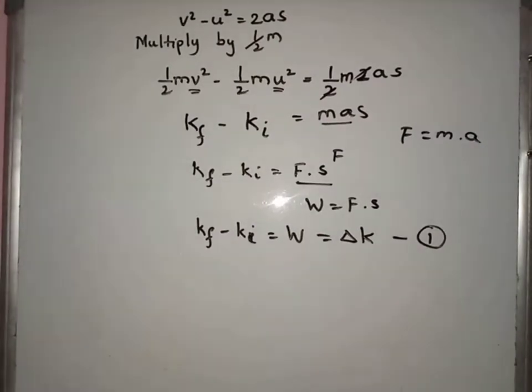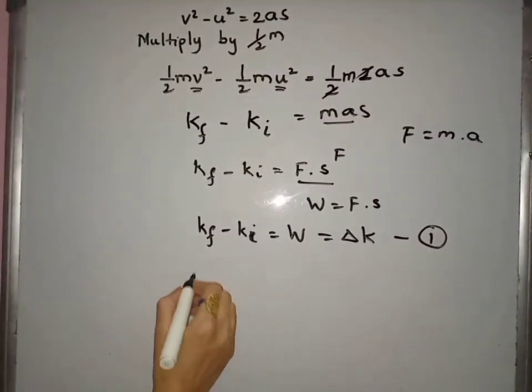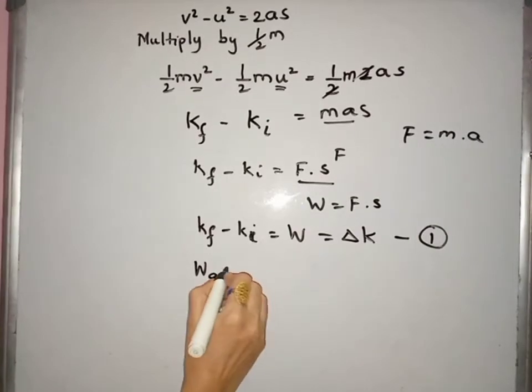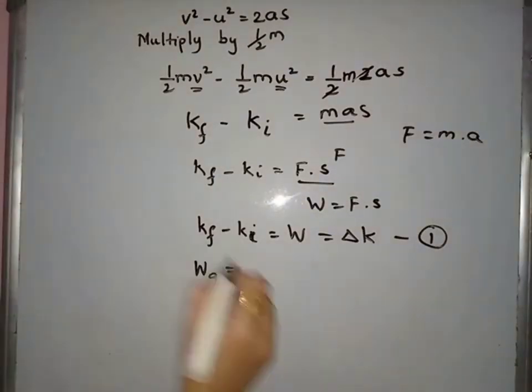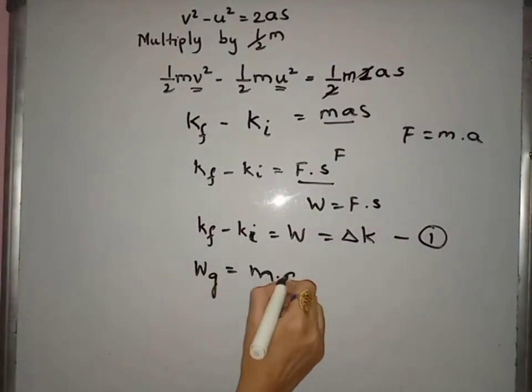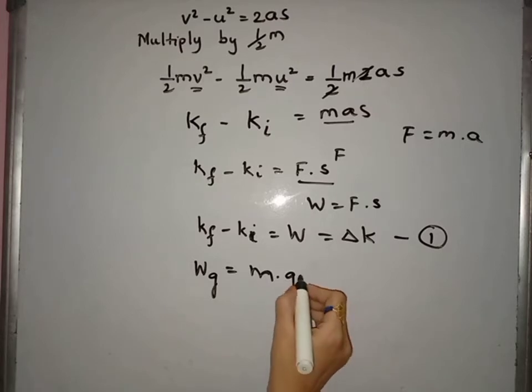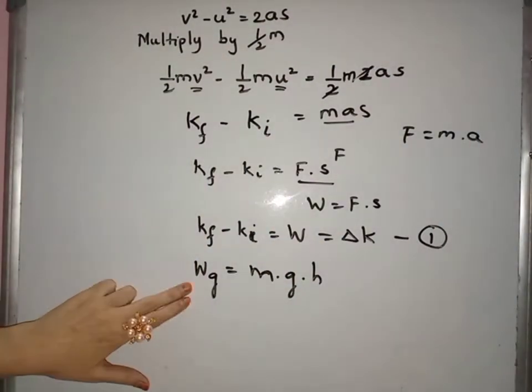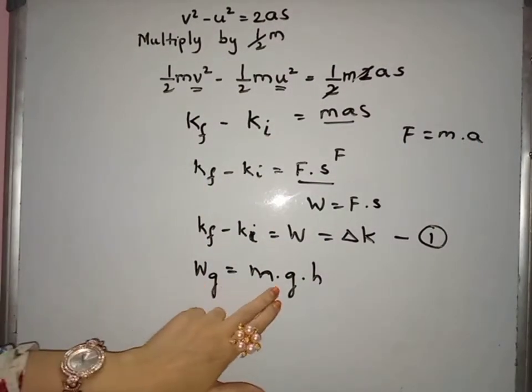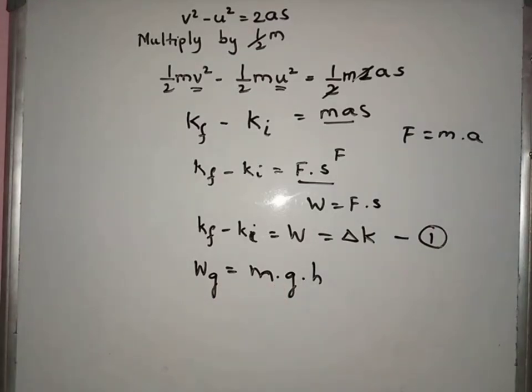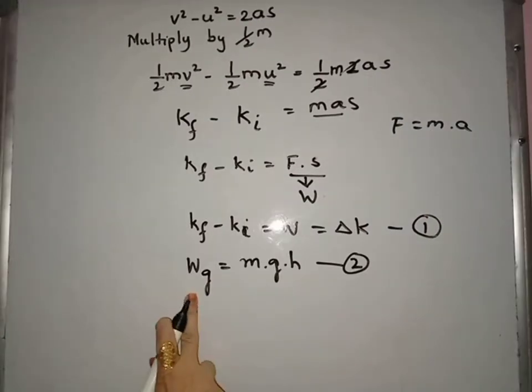Next, we also know that work done by the gravitational force, which is called Wg, is nothing but mass into gravitational acceleration into height. Work done by gravity is nothing but mgh. Now, if there is a gravitational force, we know that there will be some resistive force.